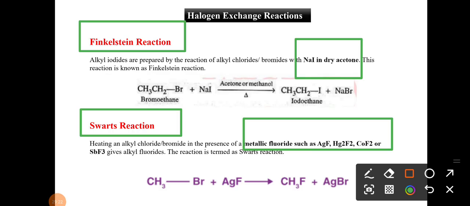Just in both these reactions your halogen is substituted, or exchanged. So in these two reactions you have to remember which reagents go with which reaction: sodium iodide in dry acetone is used in the Finkelstein reaction, and metallic fluorides such as silver fluoride are used in the Swarts reaction.